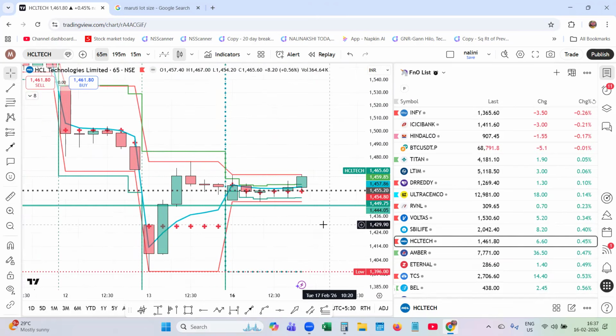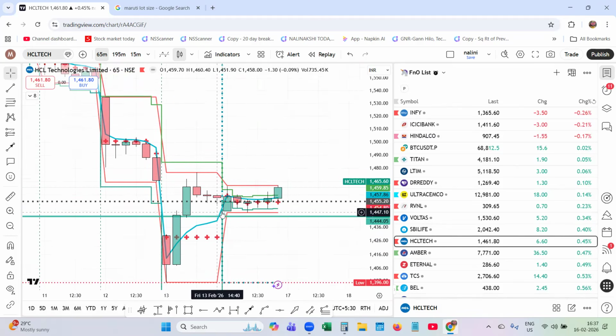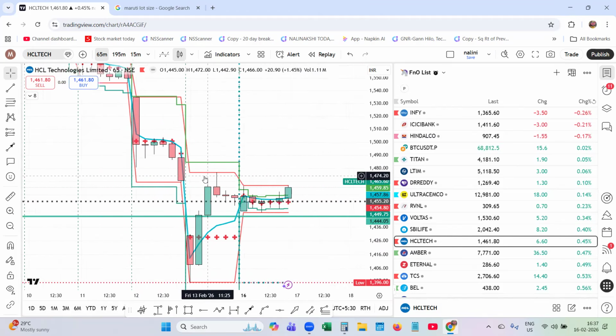Even HCL Technology is poised better. This is the inside bar from the previous day. Inside bars are very, very compressed bars, and while closing, it has closed above all these 65 minute candles, and it has closed near the high of the candle. So it has got high potential.